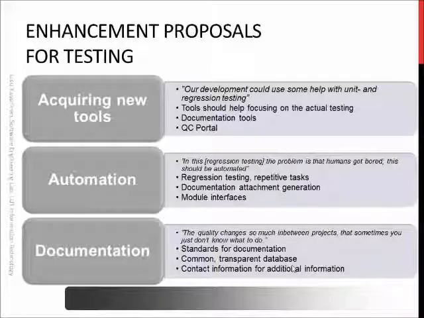Okay, but anyway, so what were they actually thinking about? What should they do? Well, many companies said that maybe we need some new tools. Some companies also were saying that maybe we need more automation, and some companies said that our documentation needs some focus, or we need to do more detailed work, or we actually have to start doing the documentation.